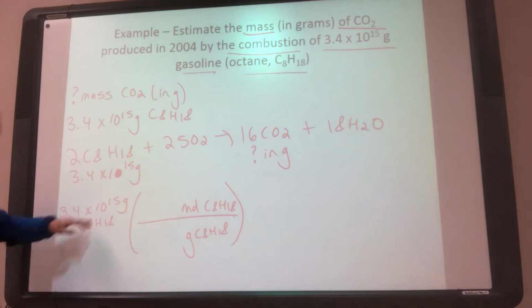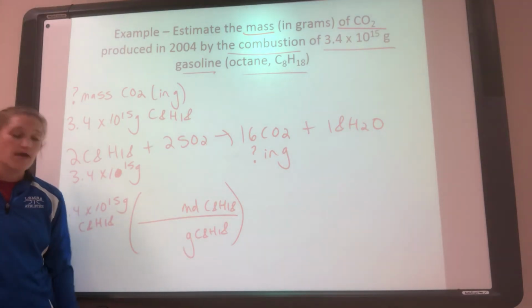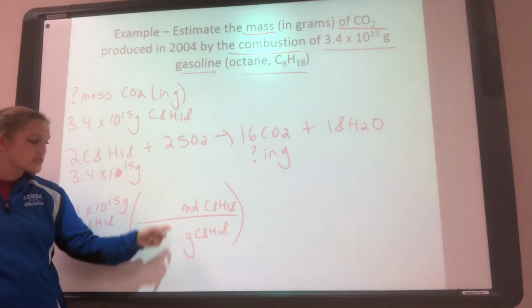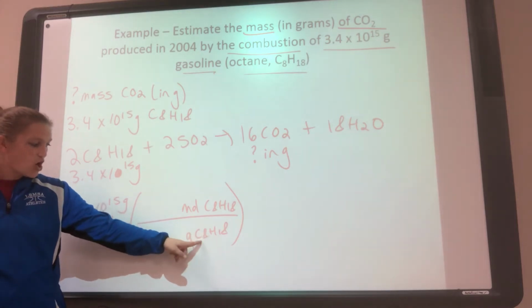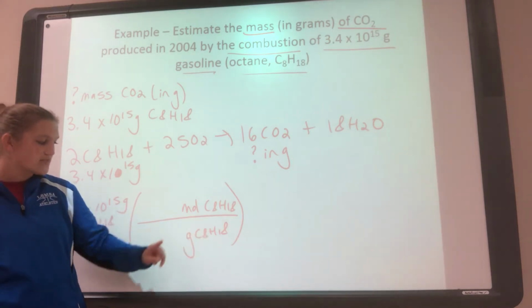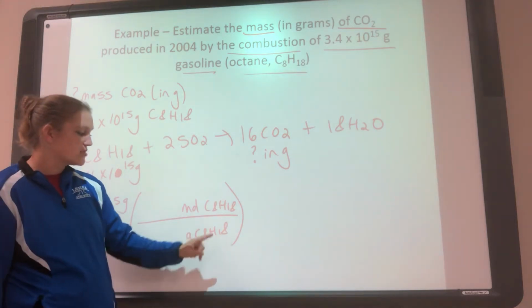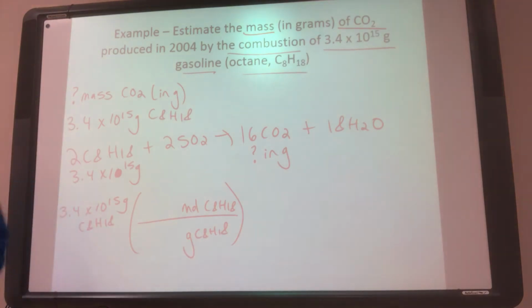How do I go from grams to moles of a compound? The periodic table, the molecular weight. This is old stuff. Grams to moles, the weight on the periodic table. So C8H18. Carbon is 12, so 12 times 8, and then plus my hydrogen, so that's close to 18. So when I add it up, I get 114.